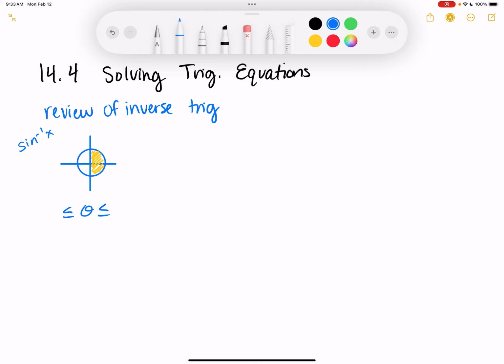What values down here? Yep, negative pi over 2 to, what's up here? Pi over 2.